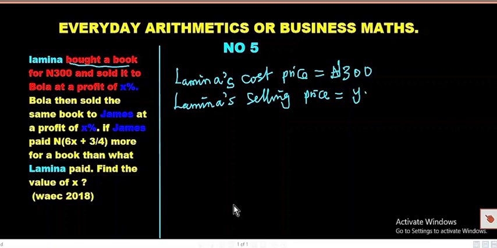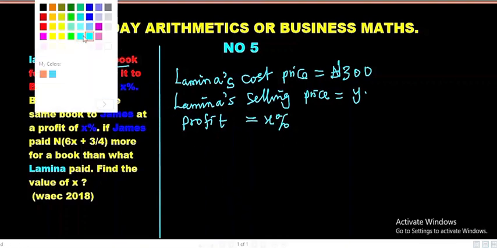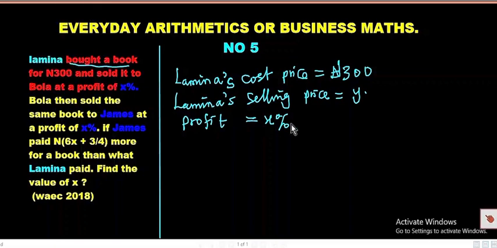Before I move further, I want to bring to your notice what they mean by profit. Lamina's profit is just x%.